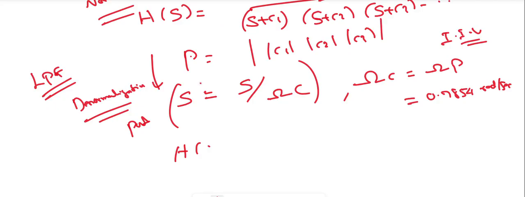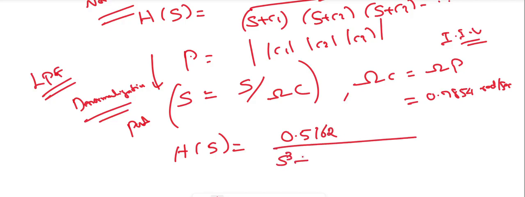H of S is equal to, you can cross check the values. The numerical values I'll give here. S cube plus 1.0214 S squared plus 1.2761 S plus 0.5162.